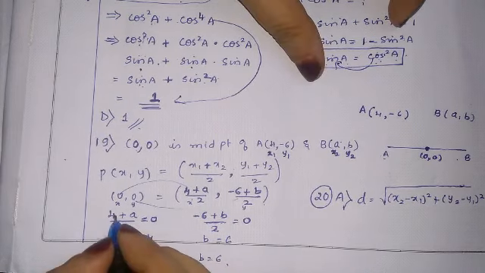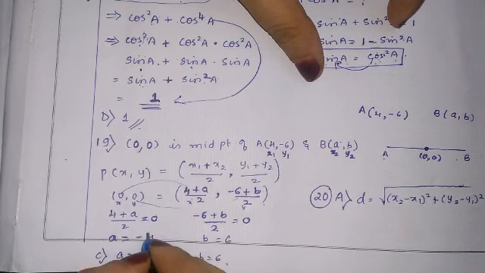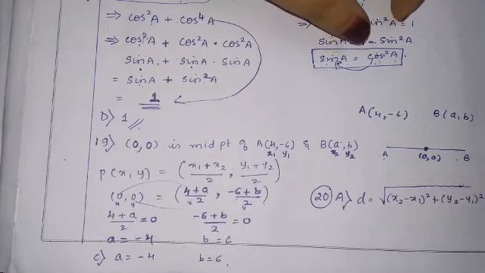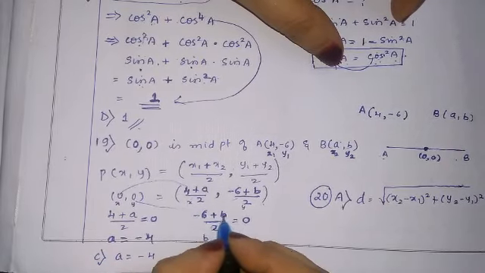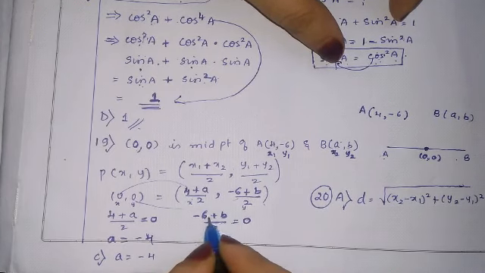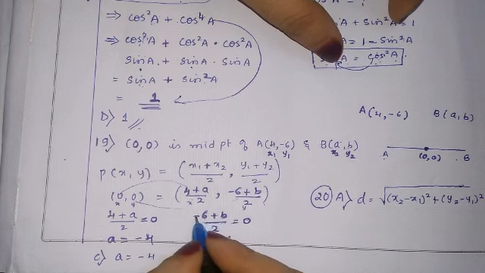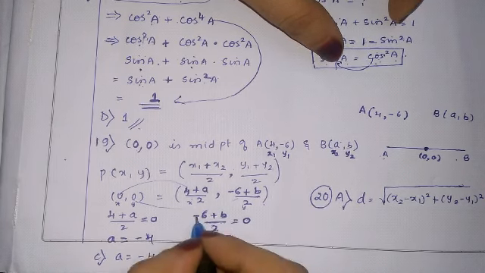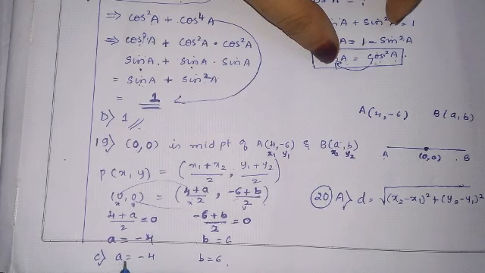So we get 4 plus a, a is equal to plus 4 becomes minus 4. Now here minus 6 plus b by 2 equal to 0. Minus 6 plus b equal to 2 zeros are 0. So here b is equal to minus 6 it was, so if we take this side plus 6. So the values are a is minus 4 and b is 6.